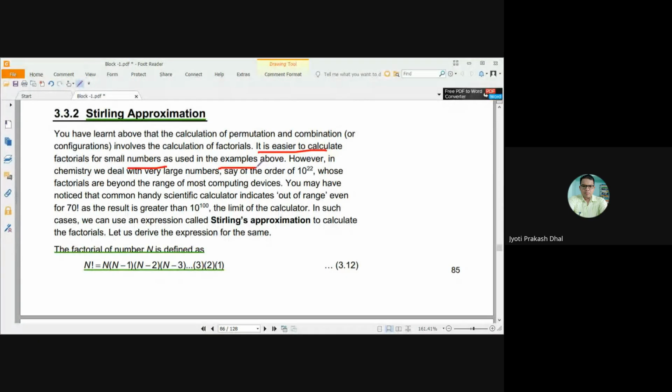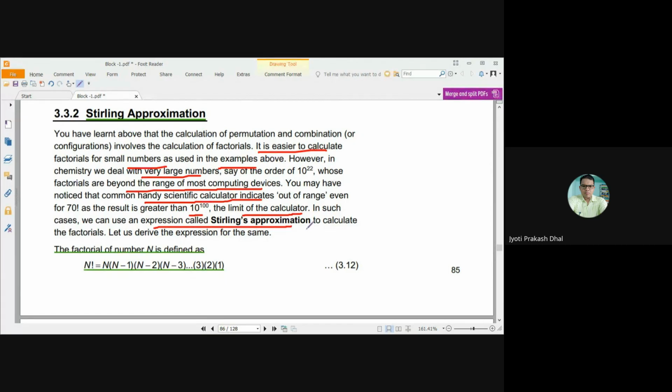However, in chemistry, we will deal with very large numbers, for example 10 to the power 22, whose factorials are beyond the range of most computing devices. You may have noticed that a common handy scientific calculator goes out of range even for 70 factorial, as the result is greater than 10 to the power 100, the limit of the calculator. In such cases, we have to use Stirling's approximation.